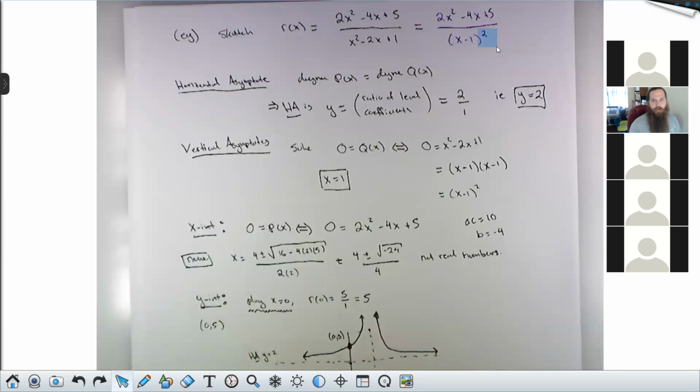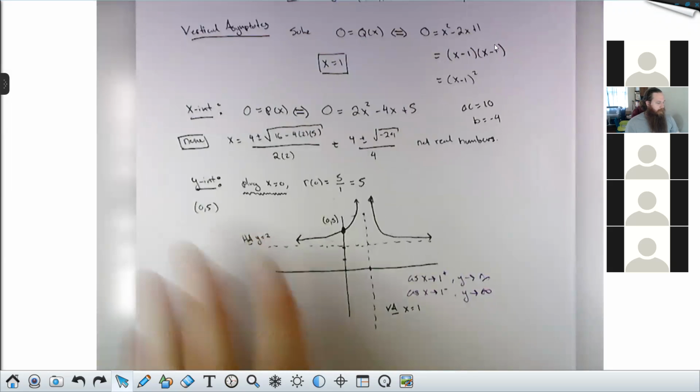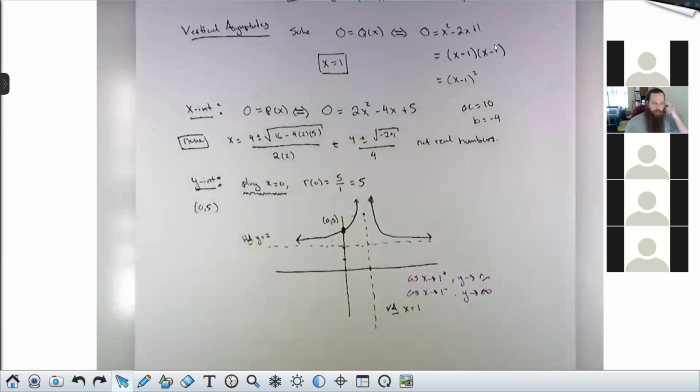If the multiplicity of the factor that gives you your vertical asymptote is even, then you'll go up on both sides or down on both sides. It'll do the same thing, just like the local behavior in your roots is like a bounce or a cross, depending on whether the multiplicity is even or odd. Doing the same thing on both sides corresponds to an even multiplicity factor downstairs. Doing opposite things, up on one side, down on the other, corresponds to an odd multiplicity factor.